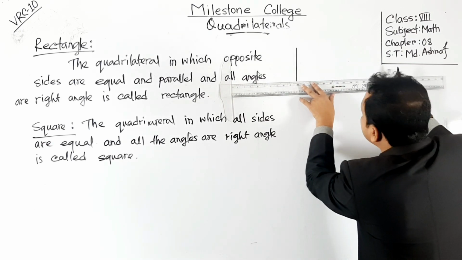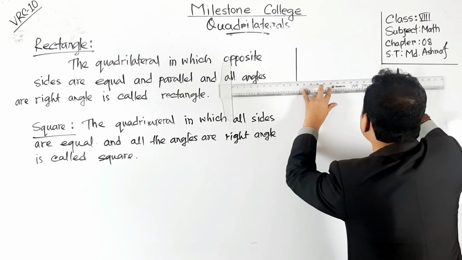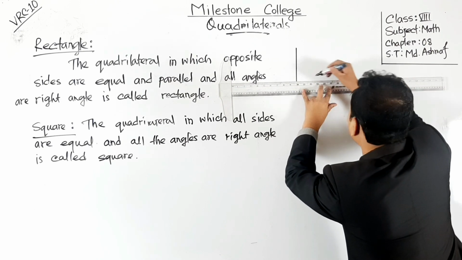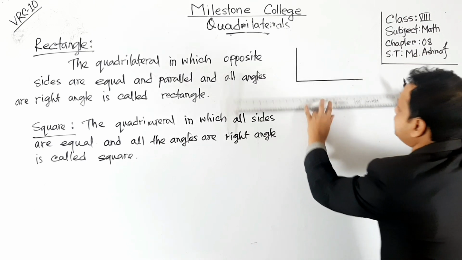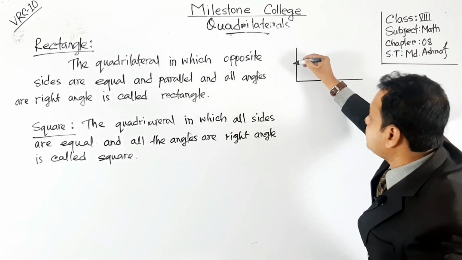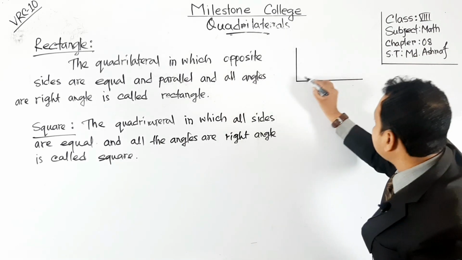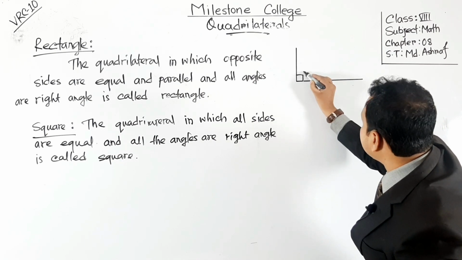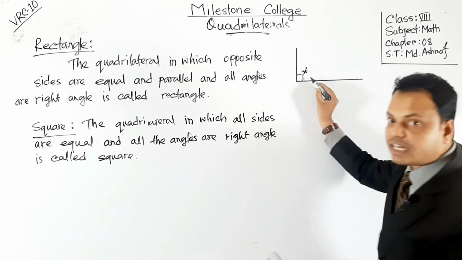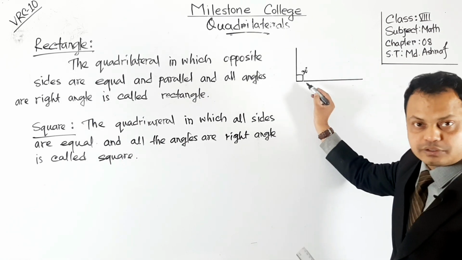So take this one, 10 to 20, okay. So this length is 5 centimeter I have taken. So I have drawn the angle and line segment so that this angle is 90 degrees. So this angle will be a right angle, okay.